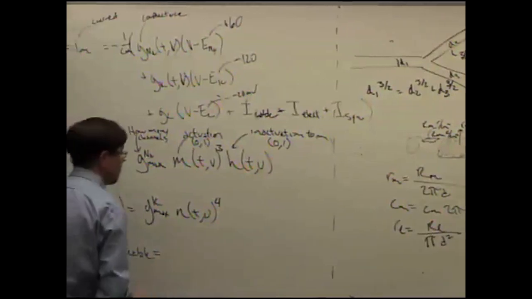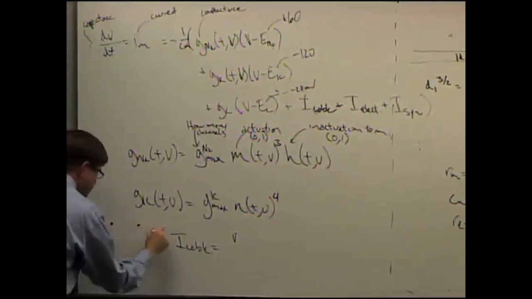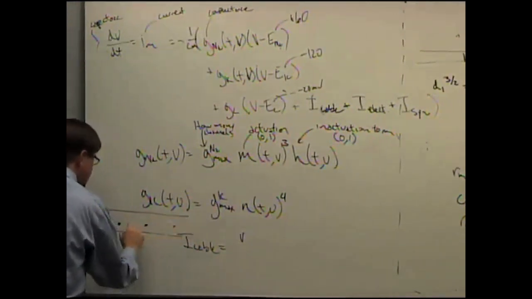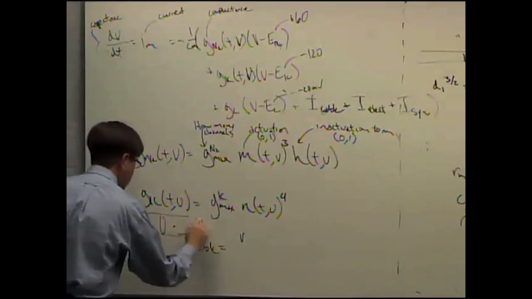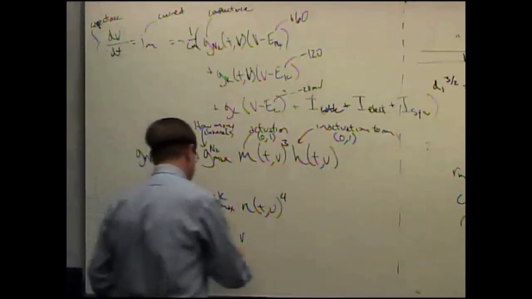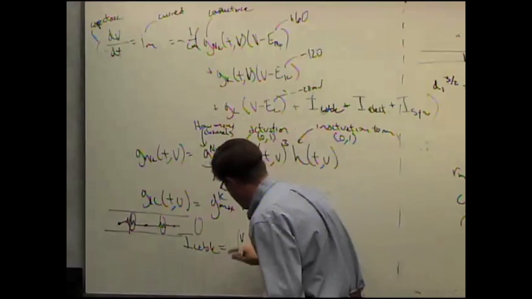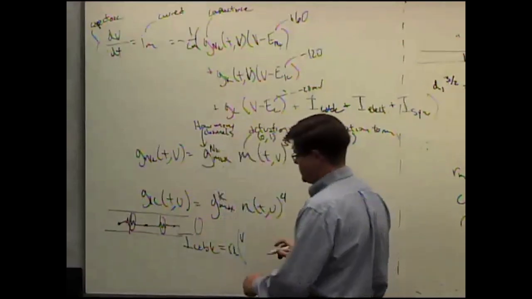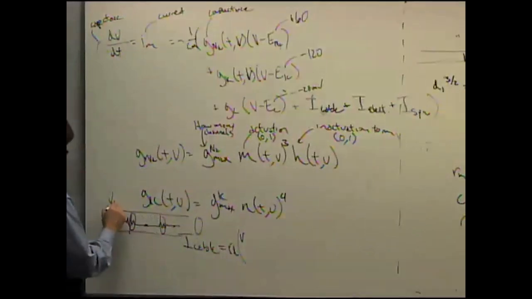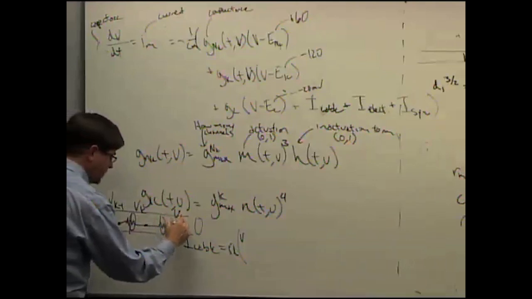The cable: the current coming in the cable is going to be the voltage. We can just think of this as a series of, here's our axon, chambers that are connected through resistors, right? And we're going to have a resistance, axial resistance, or leak, sorry, RL, and we're going to think this is the voltage at some K minus 1. This is going to be called a chamber at some point in space along the axis, voltage at some point K, and voltage at K plus 1.